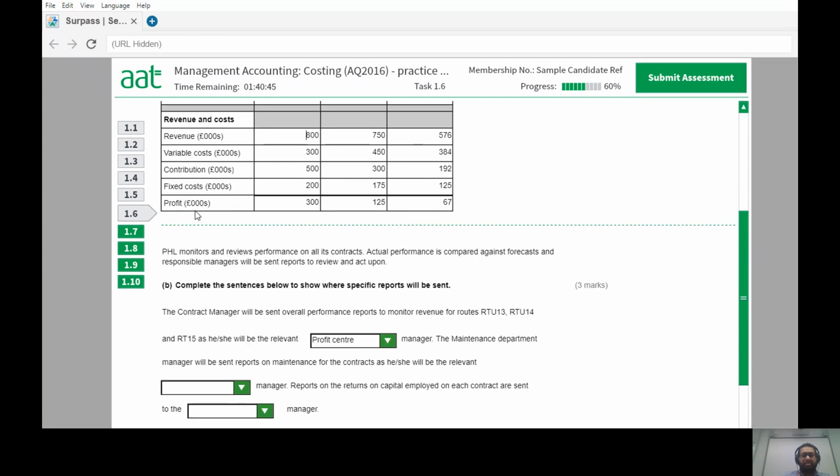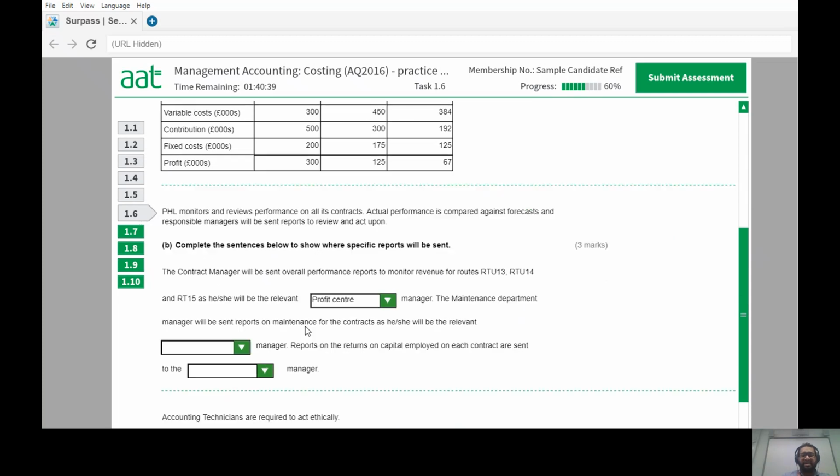Why? Because there is a profit involved in there. It's not just cost, it's not just revenue, it's both of them combined. You will get a profit center. Okay. And the maintenance department manager will be sent reports on maintenance for the contract. They will be a relevant cost manager, because the maintenance department doesn't receive any revenue themselves because they are a cost center.